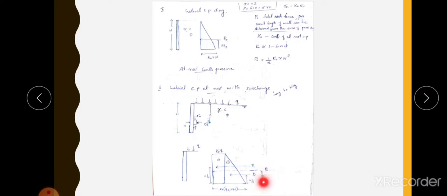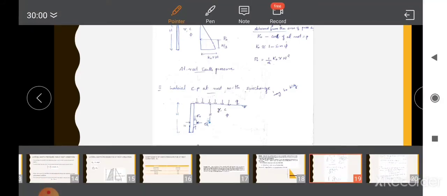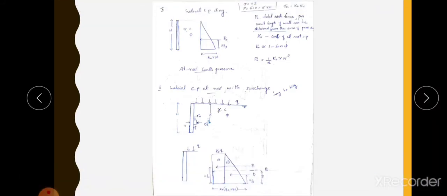In order to find this, we take moment at this point: P0 into z dash is equal to P1 into this height plus P2 into this height. For the rectangle, the centroid is at h by 2. So P0 into z dash is equal to P1 into h by 2 plus P2 into h by 3.